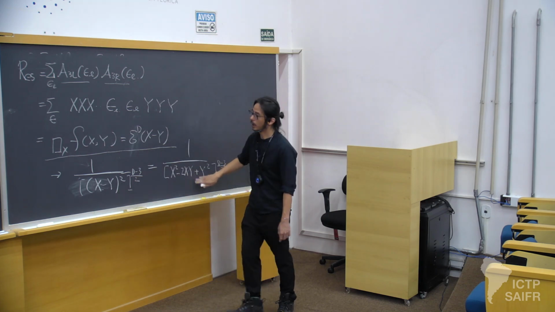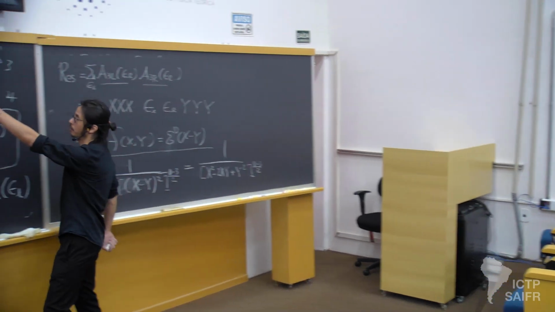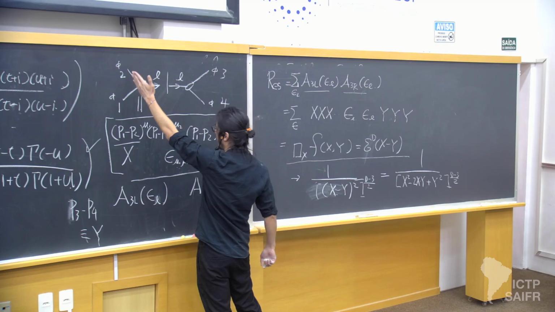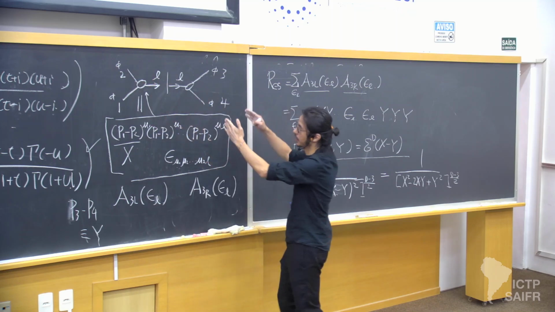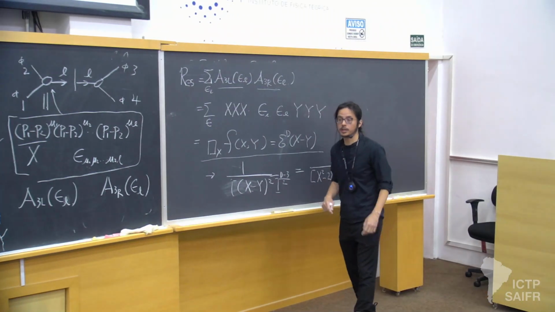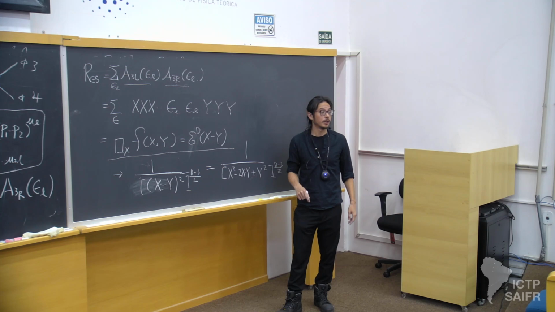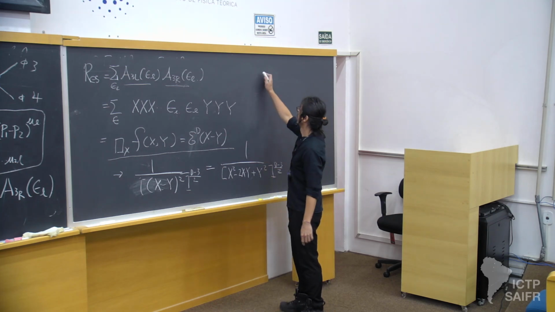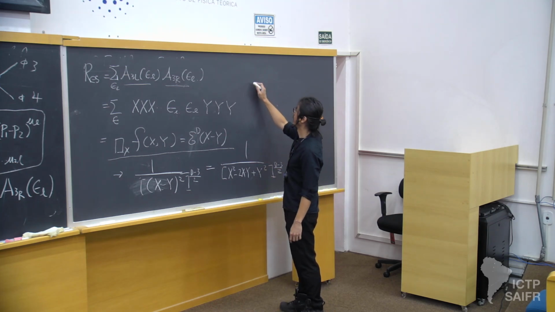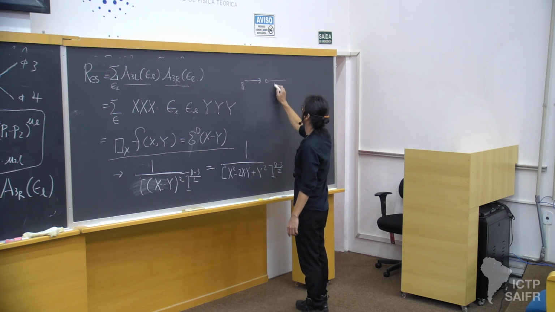So x dot y, so x minus y, where x is here and y is here, you can see that x dot y essentially gives you the scattering angle of this process, okay? Because if you're in the center of mass frame, then the scattering angle is defined by P1, P2, P3, P4.